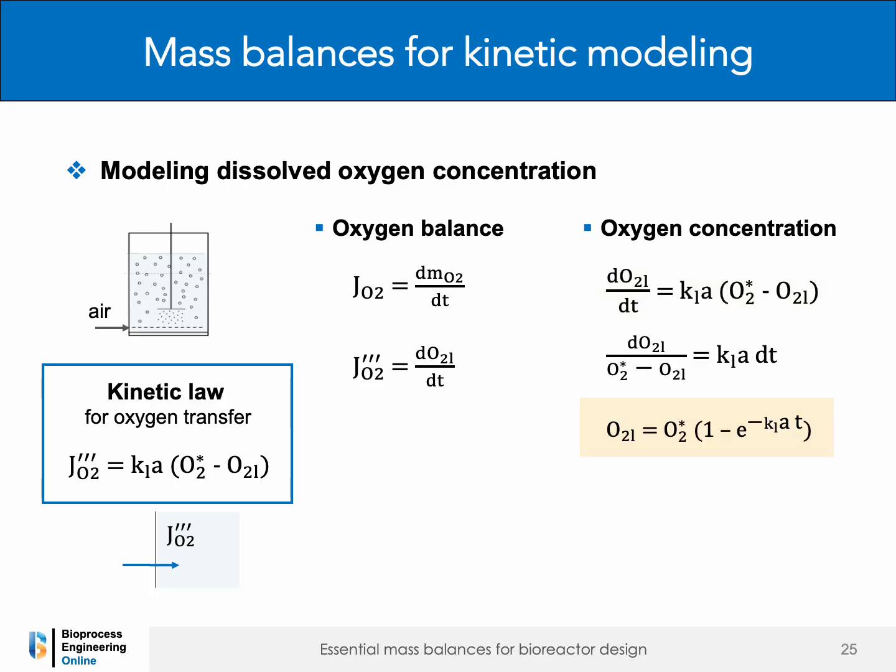Integrating this equation from the zero initial dissolved oxygen concentration gives O2L equals O2* (1 minus exp(minus KLa t)). This equation describes the progressive increase of the dissolved oxygen concentration until it approaches the oxygen solubility concentration, O2*.